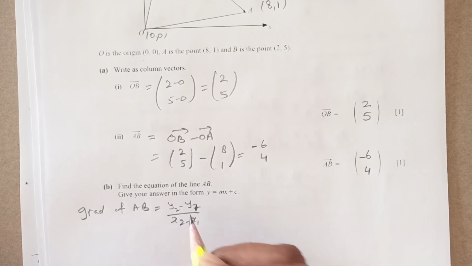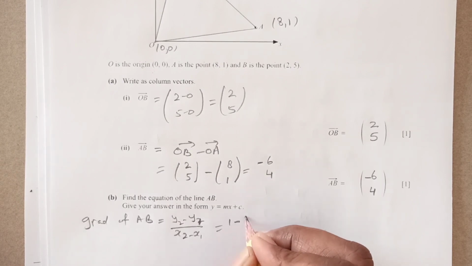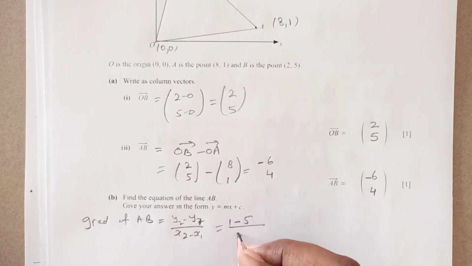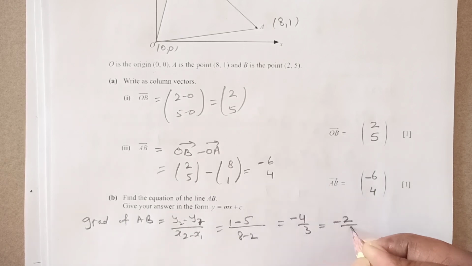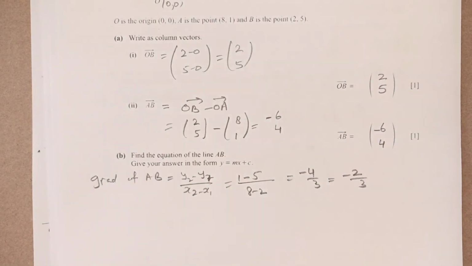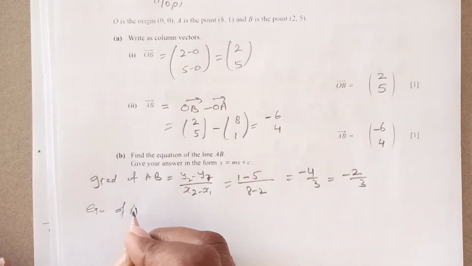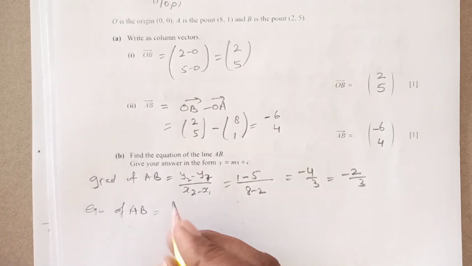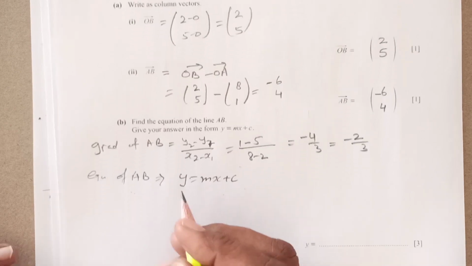Change in y over change in x. Y2 minus y1 we have here 1 minus 5 over 8 minus 2, which is negative 4 over 3, meaning negative 2 over 3. Now we are given the equation is in the form of y equals mx plus c. So now the equation of AB is y equals mx plus c.